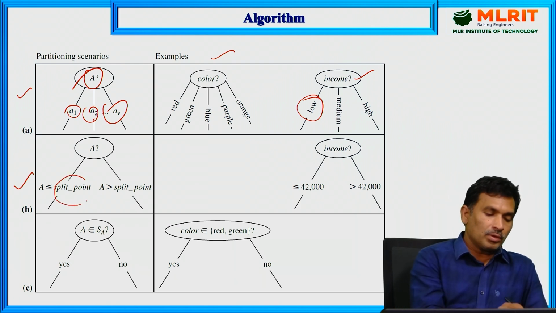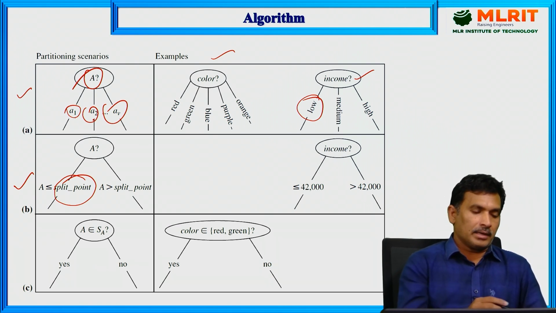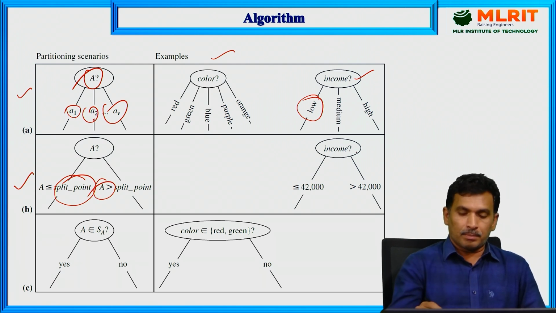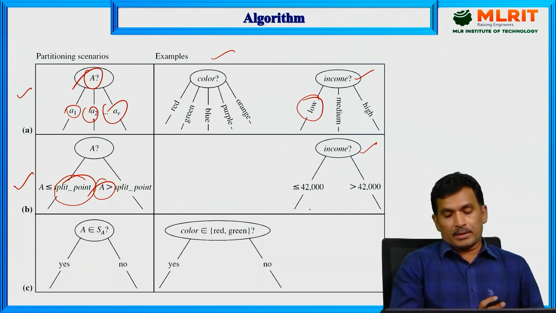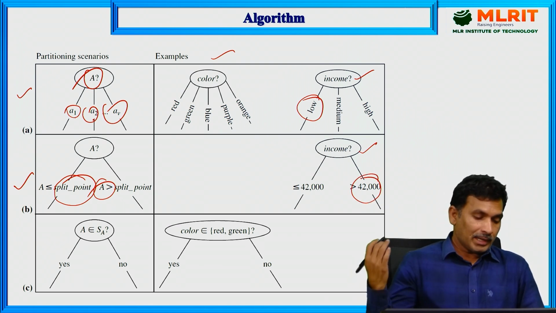One partition has values less than or equal to the split point, and another has values greater than the split point. For example, if income has continuous values, then income up to 42,000 goes into one partition, and income greater than 42,000 goes into the other.